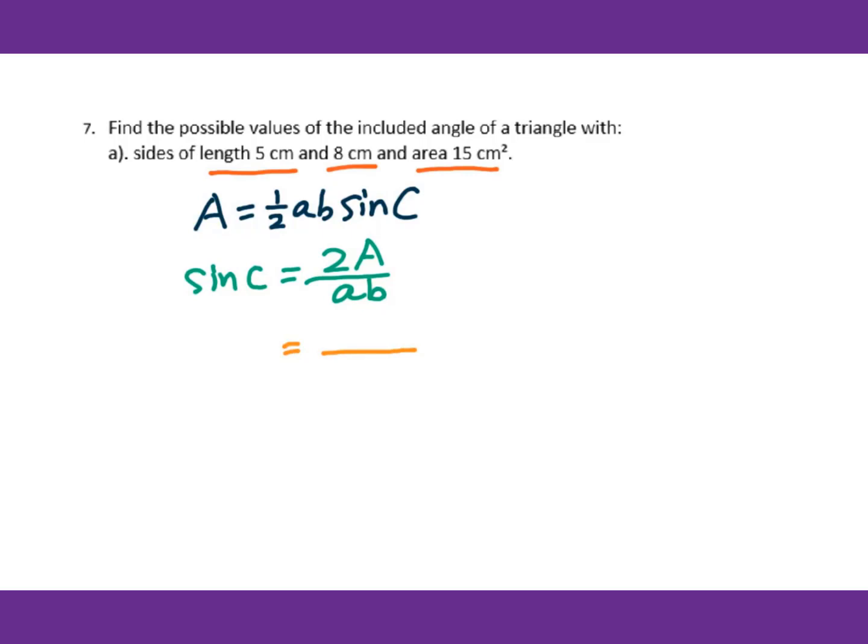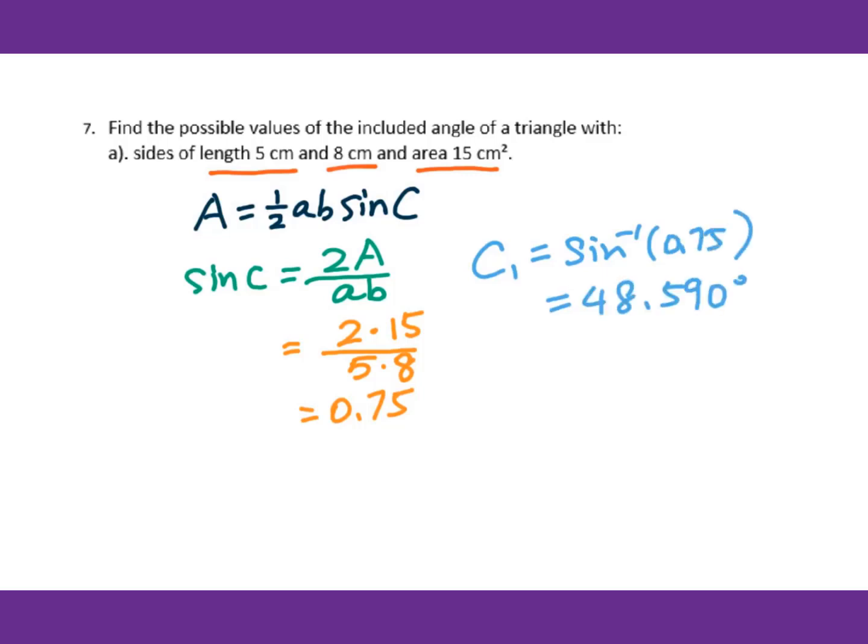You will get 2 times 15 over 2 times 8. You will get 0.75. Therefore, C1 equals inverse sine of 0.75. The acute angle C1 equals 48.590 degrees. Therefore, the obtuse angle C2 equals 180 degrees minus C1. You will get 131.410 degrees.